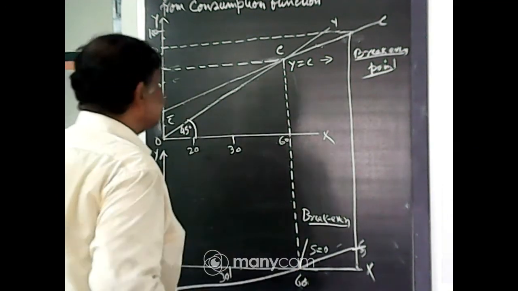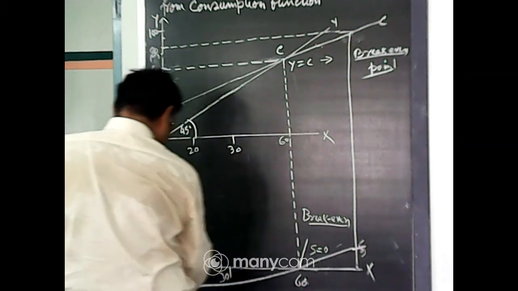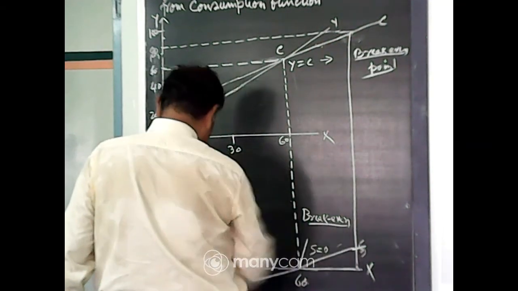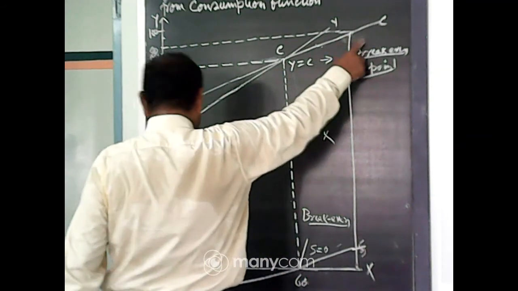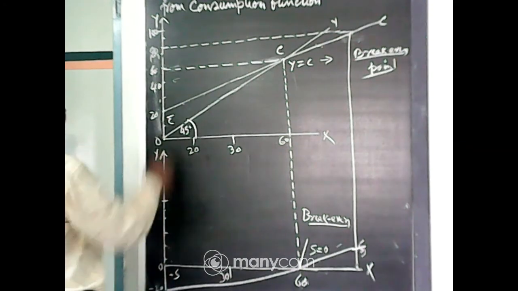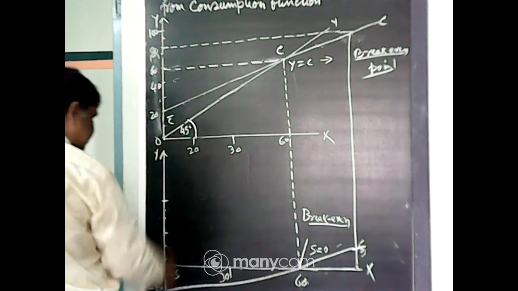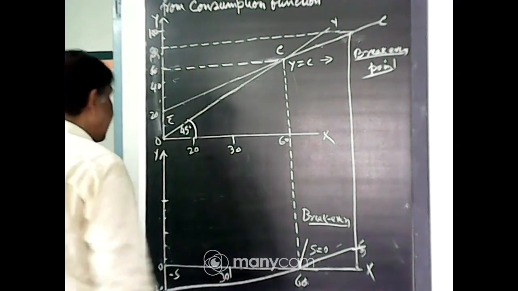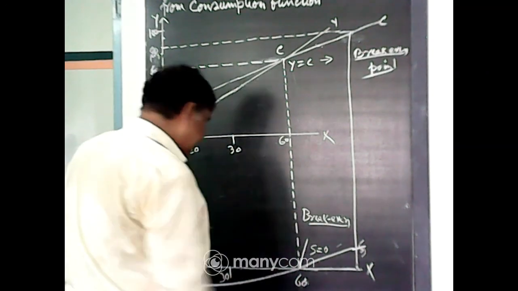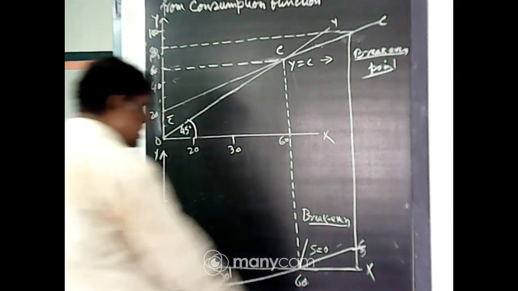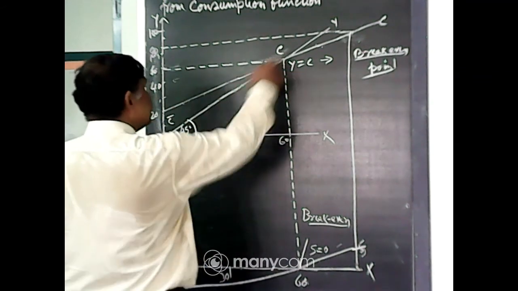This is the derivation of saving function. That is, with the given saving curve, you can draw the consumption curve, because minus 20 saving means positive 20 of consumption. Positive 20 consumption means negative saving, and with the increase of income, your saving curve is increasing towards the x-axis, that is horizontal axis, and consumption is growing.